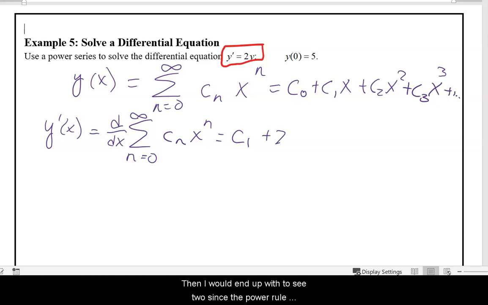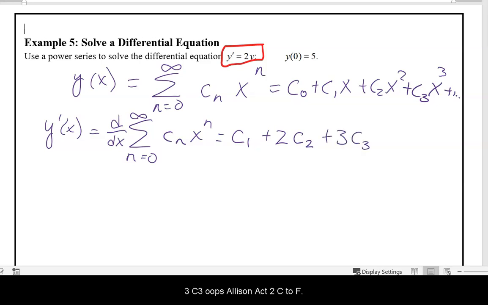Then I would end up with 2C2x, since the power rule would bring the power 2 to the front, plus 3C3x squared. And if I continued, the next would be plus 4C sub 4 x cubed, plus continuing on in that pattern.